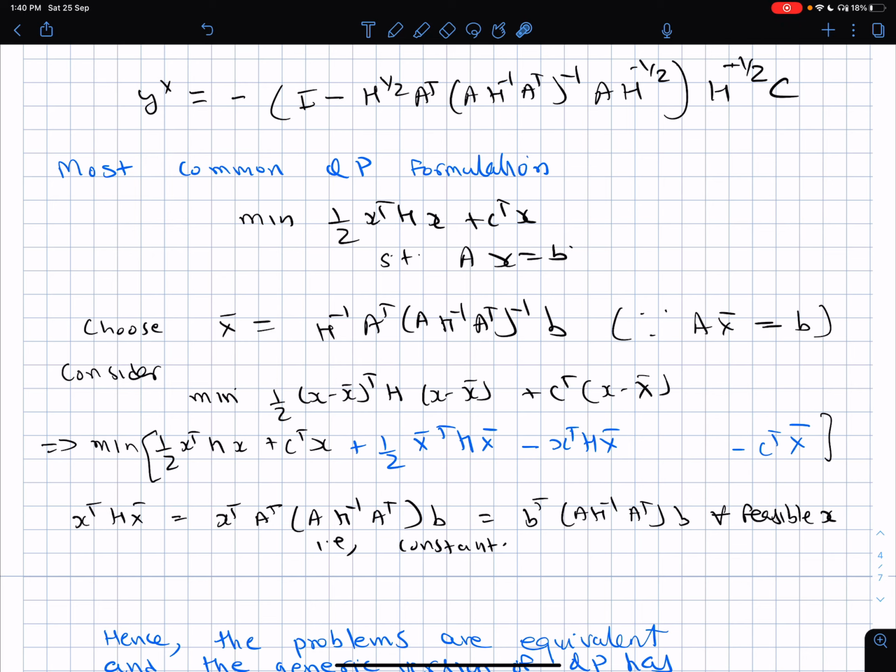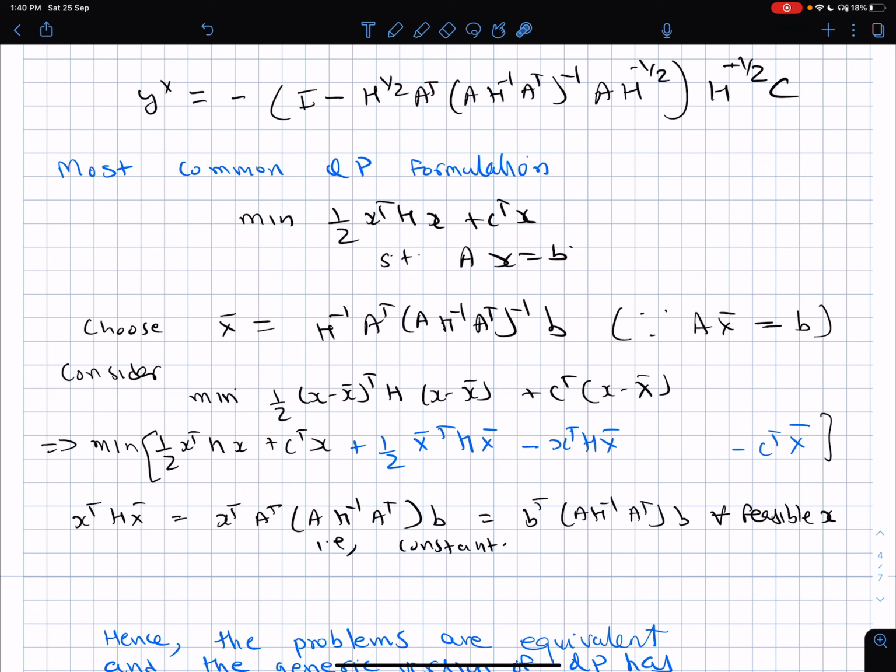So let's see how. x transpose H x bar. But what is H x bar? H x bar is just this, A transpose times (A H inverse A transpose) inverse times b. I have just written that here, pre-multiplied by x transpose.